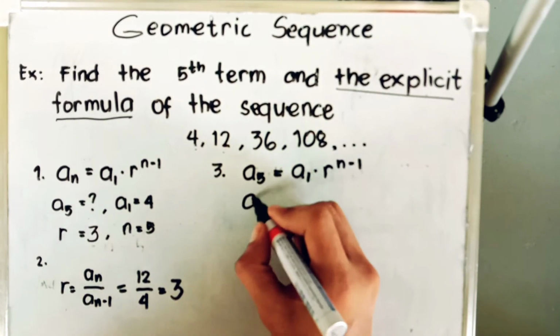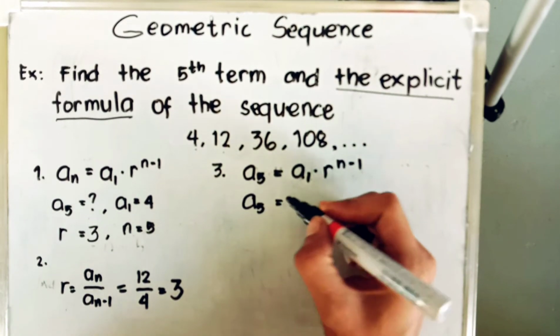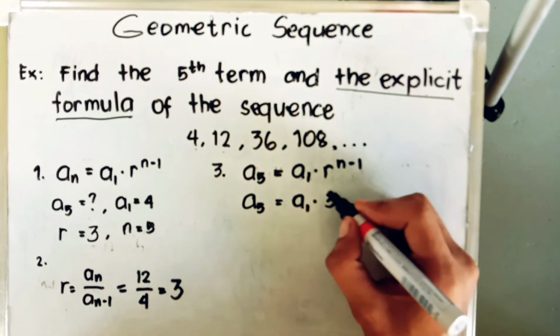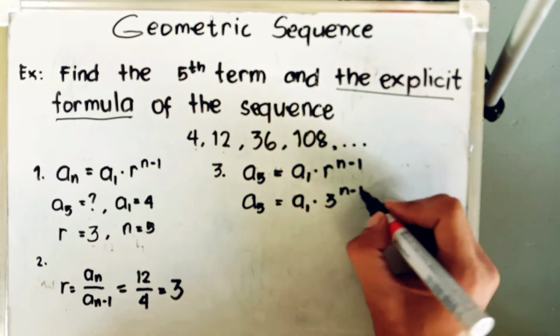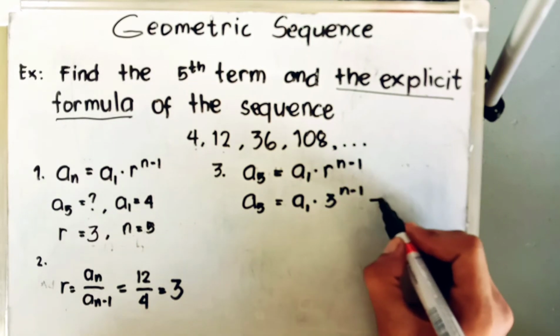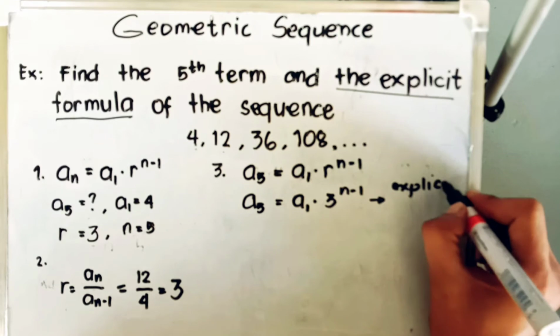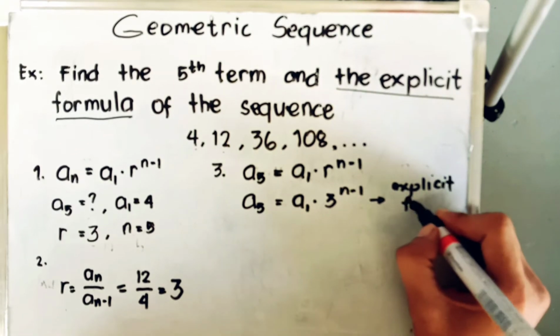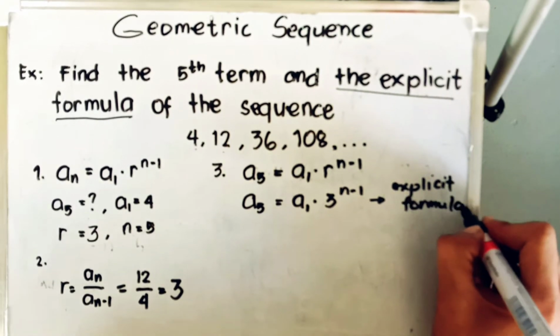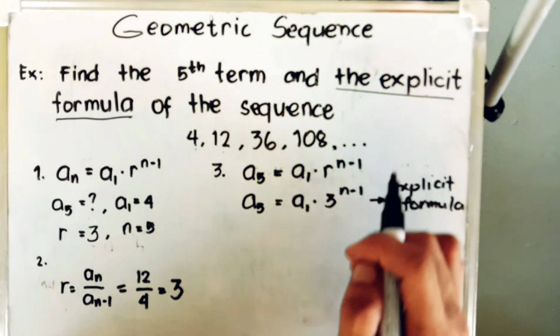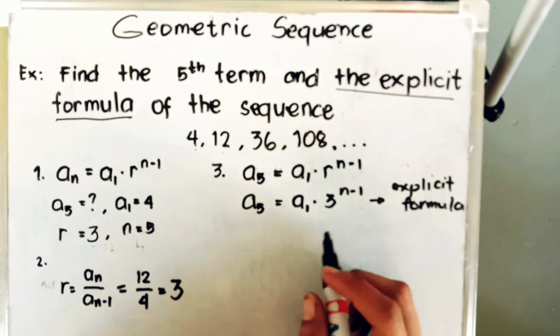So we have a sub n is equal to a sub 1 times 3 to the power of n minus 1. Then this is now your explicit formula.